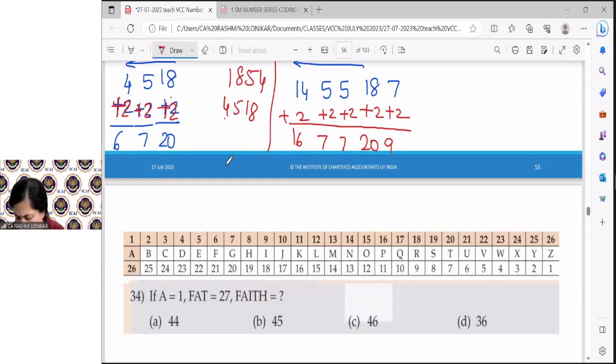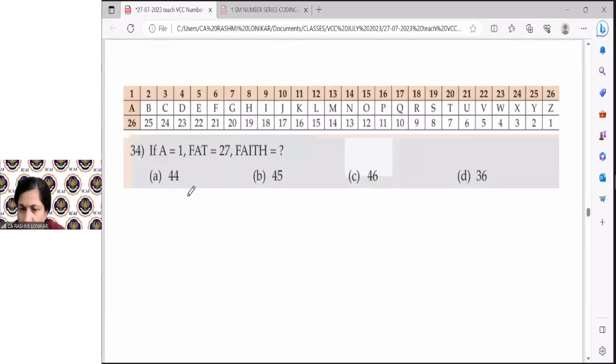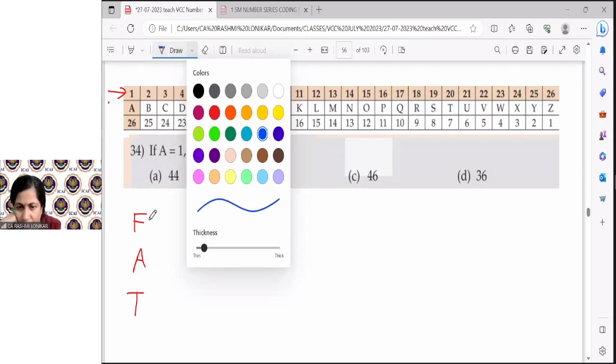Crystal clear? Yes, very good. Now, 34th. If A is 1, they are saying that this is what you must follow. FAT is equal to 27. FAITH is equal to how much? Okay, so F, A, T. They have already told me that A stands for 1.